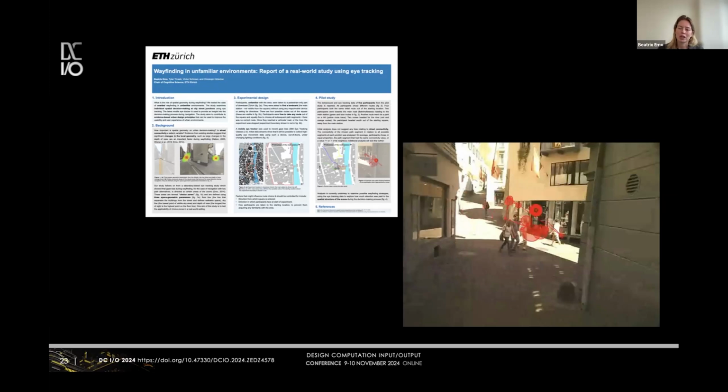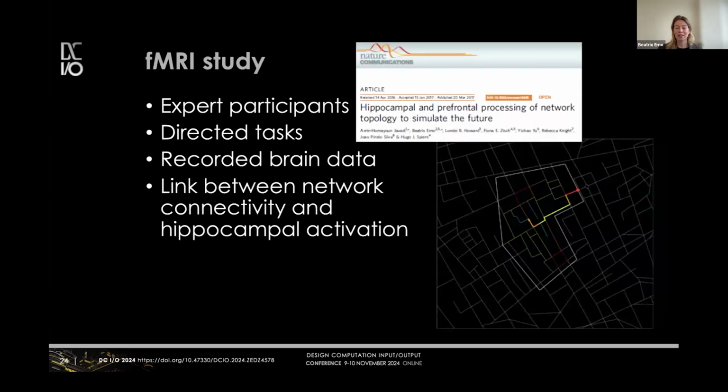We were also fortunate enough to do an fMRI study where we actually collected the brain data, brain activation, whilst participants were doing a navigation study.